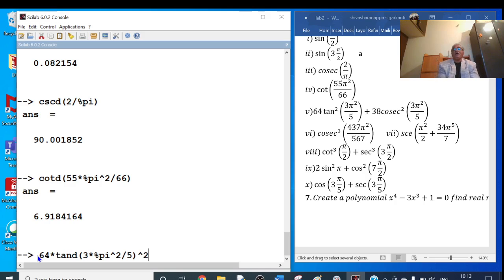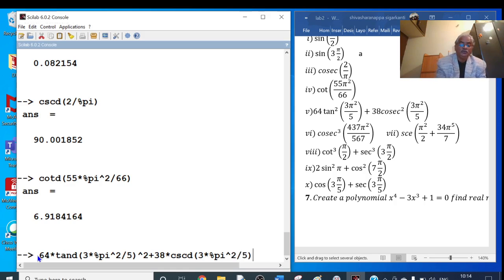This is tan square, plus 38 star cosecant square of 3 pi square by 5. Cosecant is csc d in degrees. What is the argument here? 3 pi square by 5, again 3 star percent pi caret 2 divided by 5, bracket close.